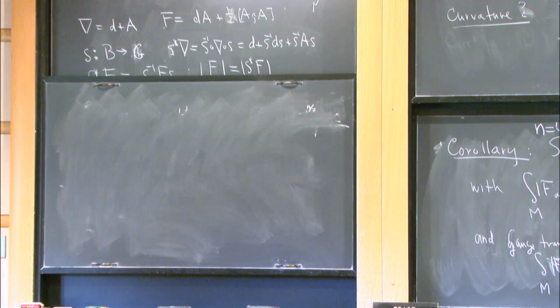We end up with this Yang-Mills equation over a manifold minus a finite number of points. And we have an L2 estimate on the curvature, and we want to know, can we fill in those points?